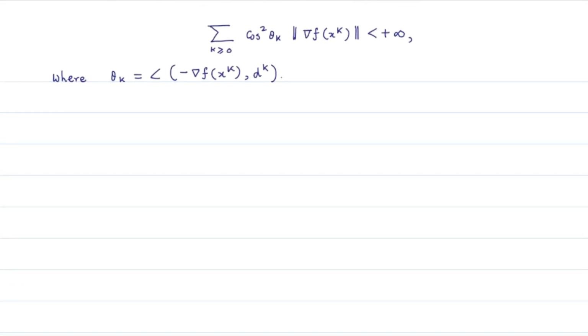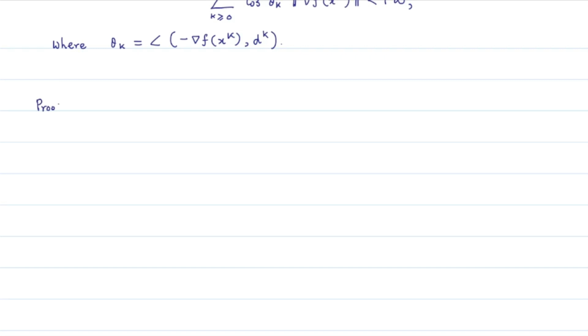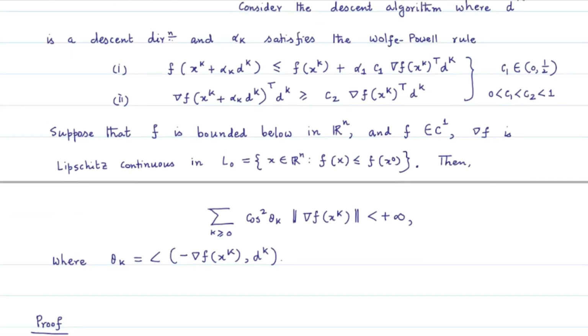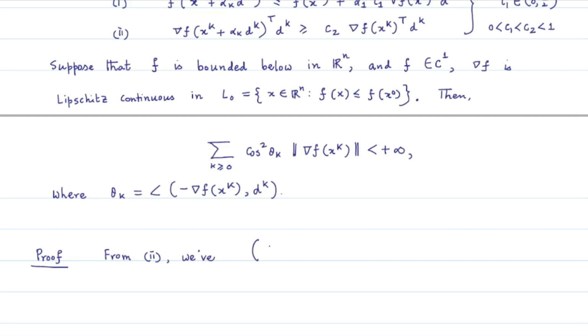To prove this result, we see that from the curvature condition of the Wolfe-Powell rule, we have grad f xk plus 1 minus grad f xk transpose dk is greater than or equal to c2 minus 1 times grad f xk transpose dk.